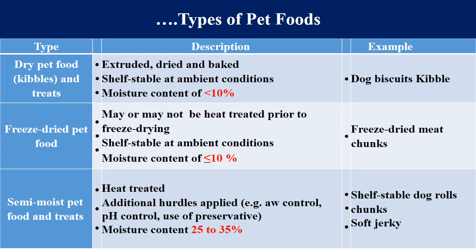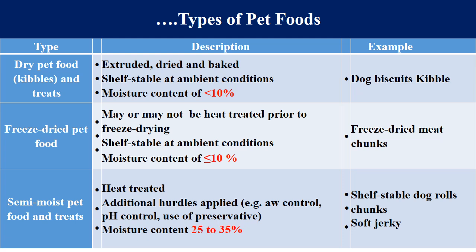Another variety is freeze-dried pet food. Here there may or may not be heat treatment prior to freeze drying. Generally they are first frozen and then dried under high vacuum. So they are again shelf-stable at room temperature and moisture will be below 10%. The examples are freeze-dried meat or chunks.